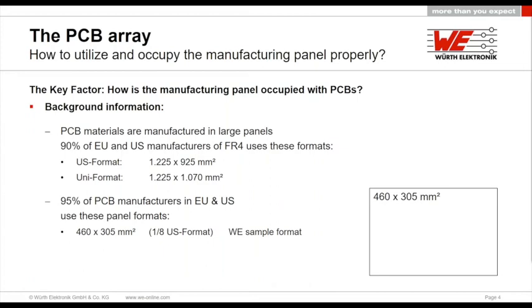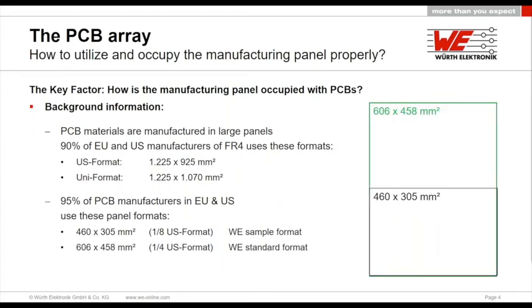This starts with the 1/8 US format, which is often used for prototypes. We use this in our prototype plant as well. It's 460 by 305. So the big US format is divided in 8 parts, and this is why we have this size. Then there is the 1/4 US format, which is twice the size of the prototype format.